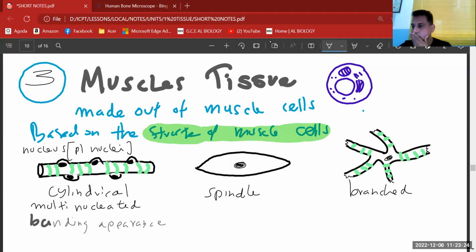Banding appearance, and here also banding appearance.